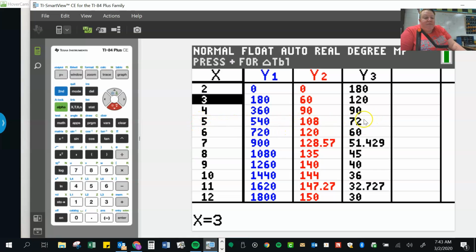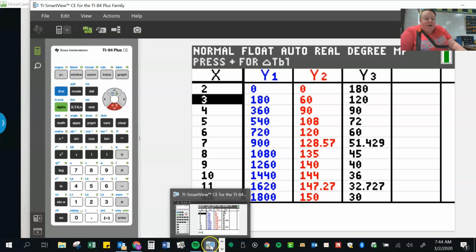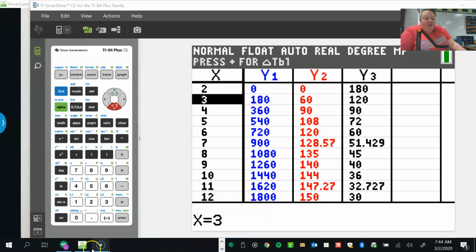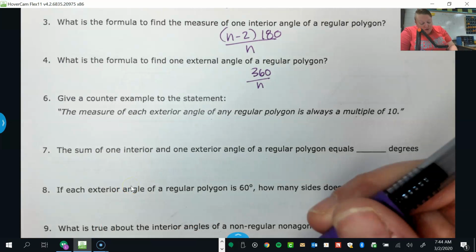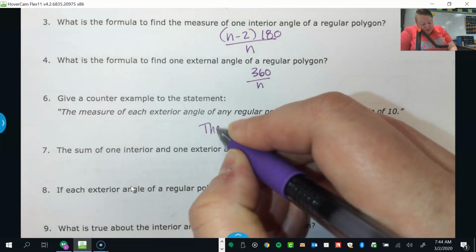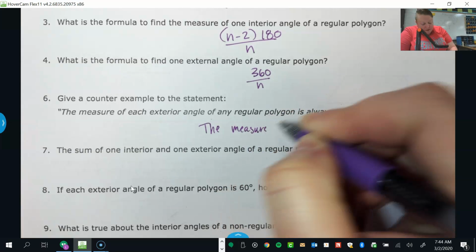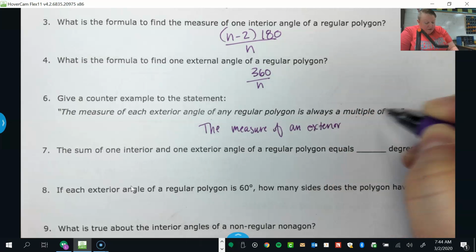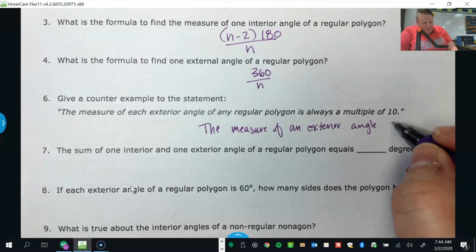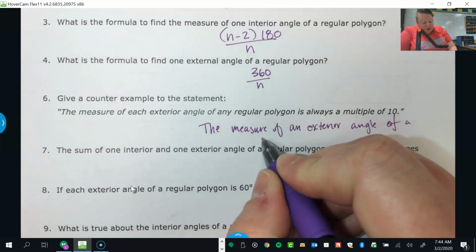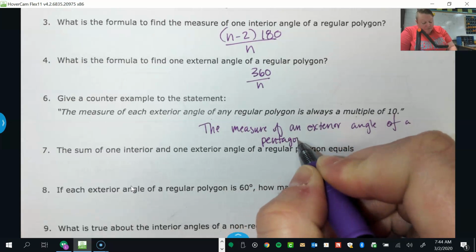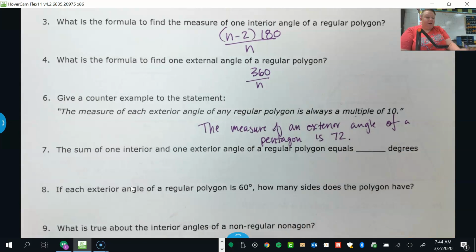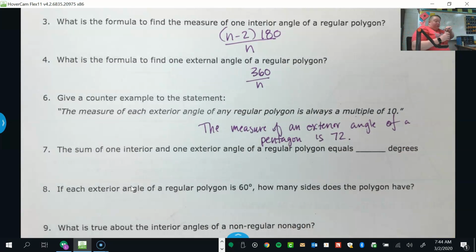So a pentagon, a 5-sided figure, is not a multiple of 10, and so you can just say the measure of an exterior angle of a pentagon is 72. Since 72 is not a multiple of 10, that disproves your statement, so you've come up with a counterexample.